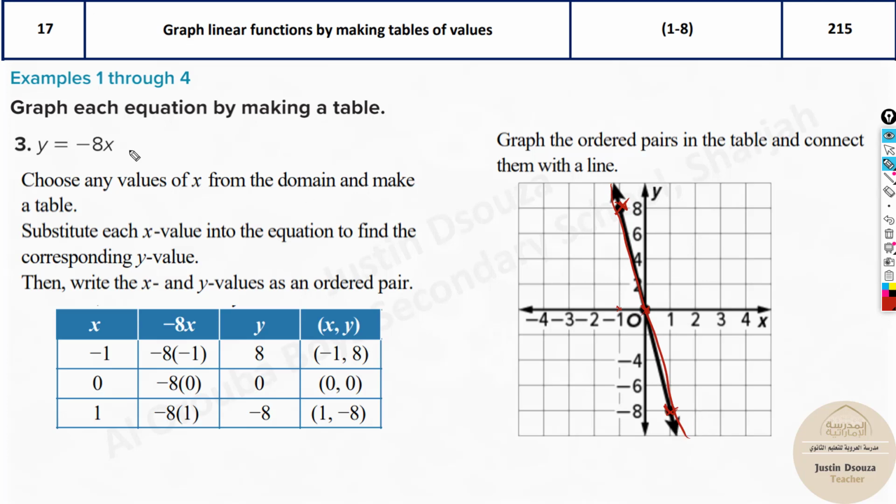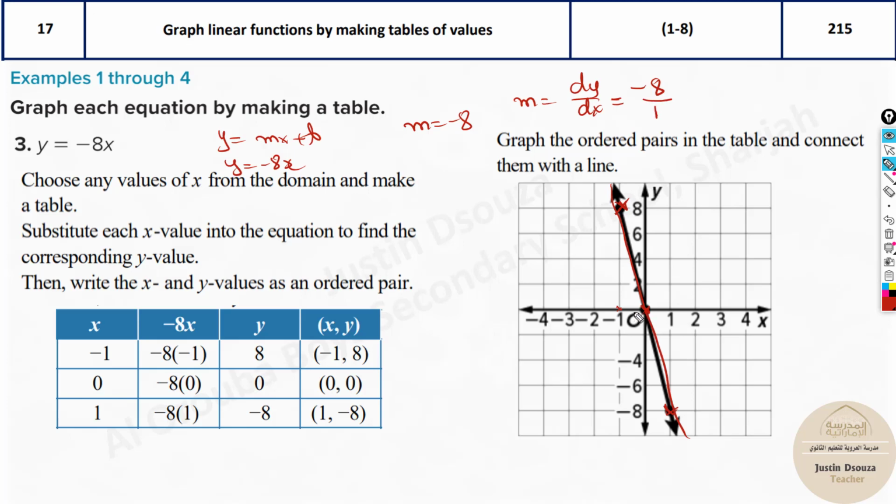Okay? Now, the other way is, if you look at this, y is equal to mx plus b. What is the equation? y is equal to minus 8x, b is 0. So m is minus 8, that is the slope, dy by dx, isn't it? Now let's write it in terms of a fraction. Minus 8, divided by 1.